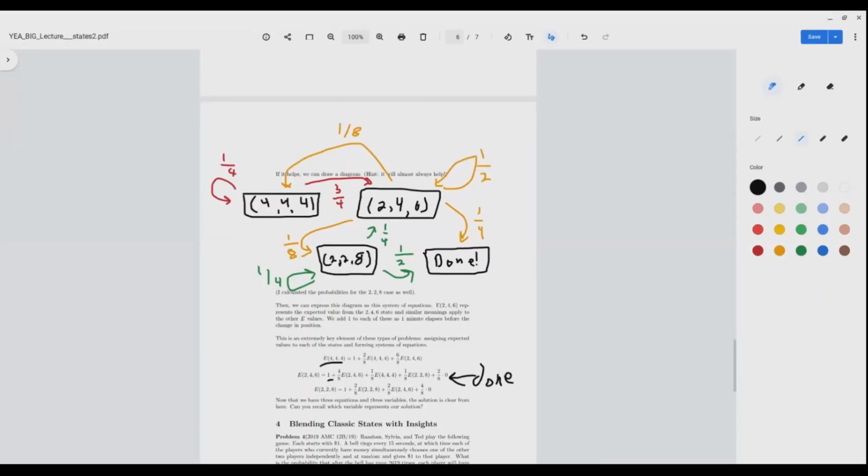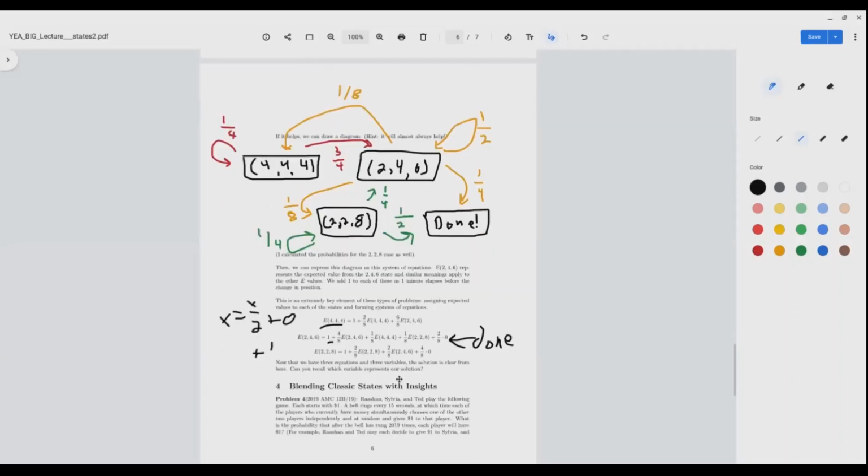If you don't add 1, you get the equation x equals 1/2 x plus 0, because 0 is when you're done, and that obviously doesn't work. So you have to add 1. Then if you have x equals x over 2 plus 1, it's easy to solve.